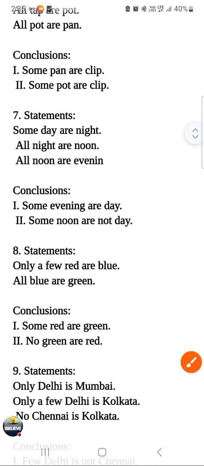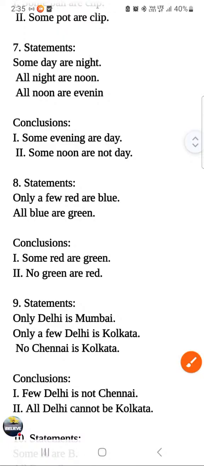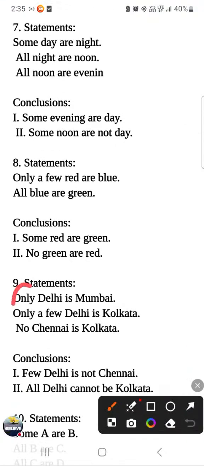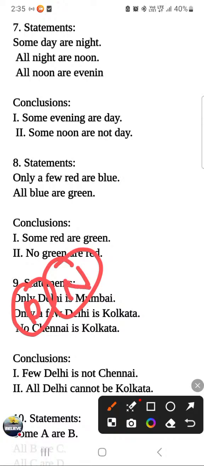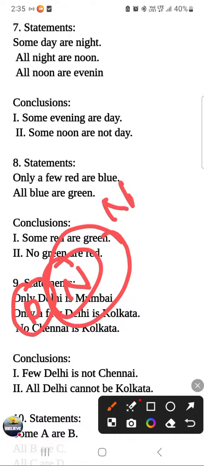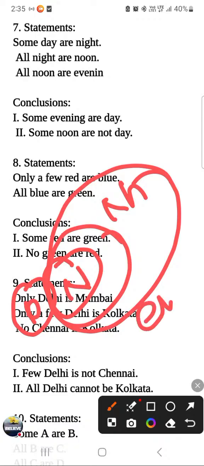Now some day are night, and all night are noon, all noon are evening. Conclusion says some evening are day.